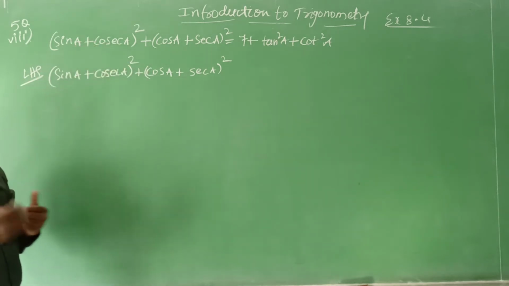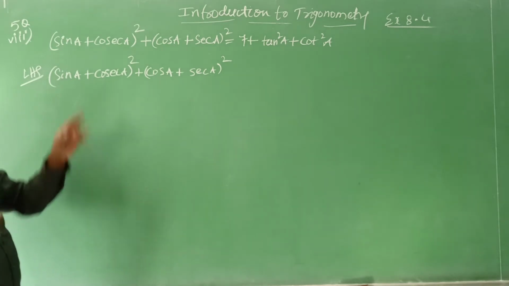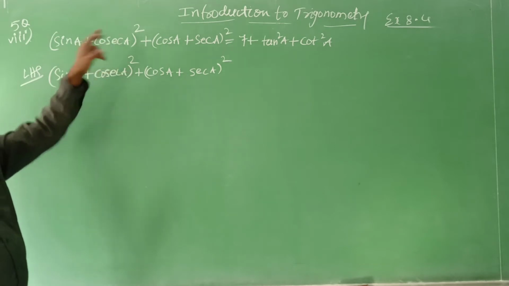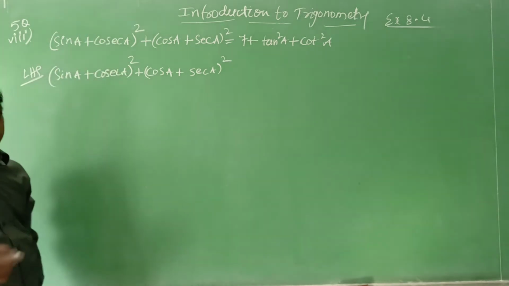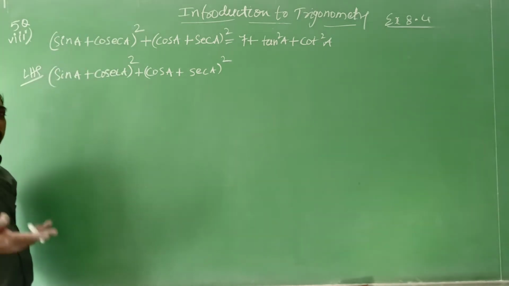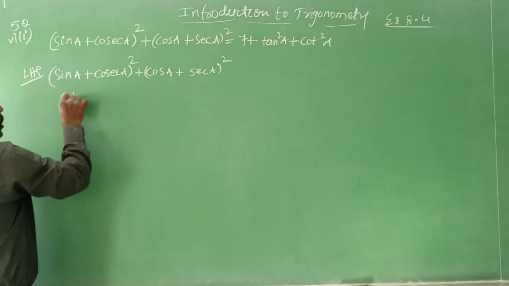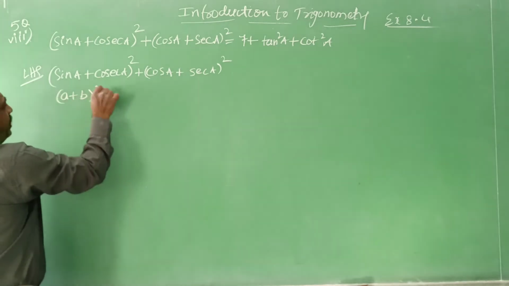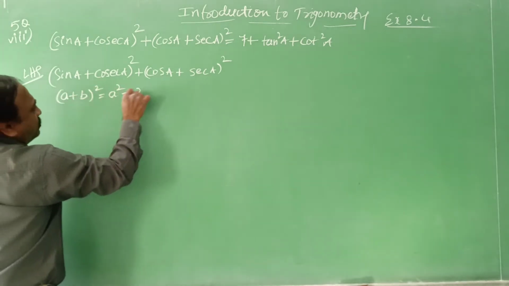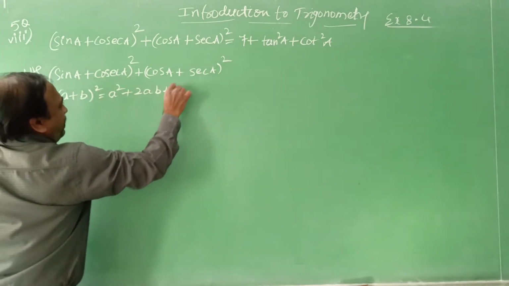So we have to think about what to be done. Here it is A plus B whole square, so first we will expand using the algebraic identity. A plus B whole square is equal to A square plus 2AB plus B square.